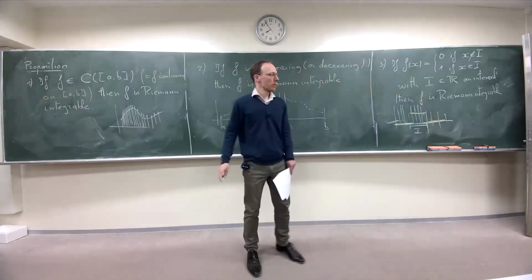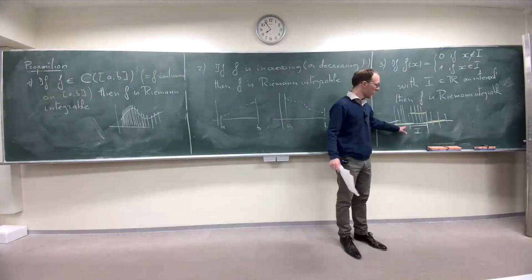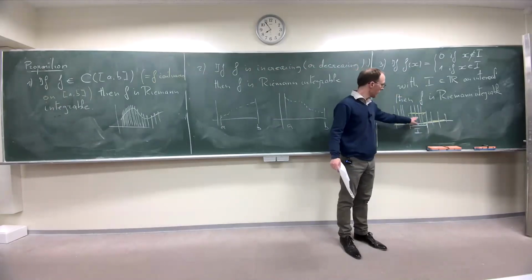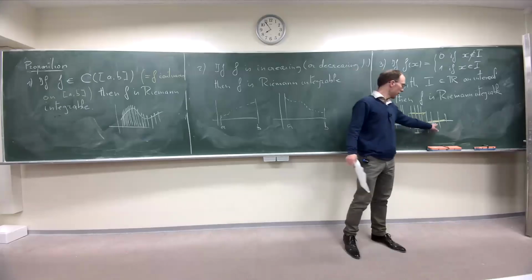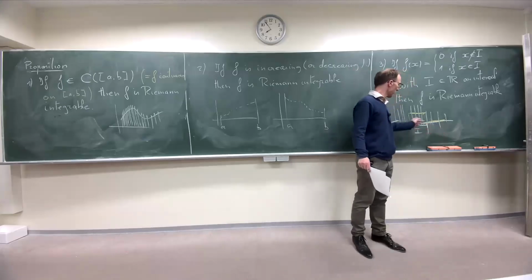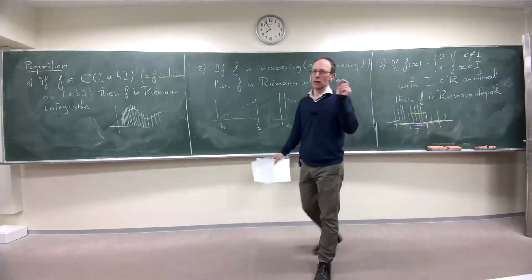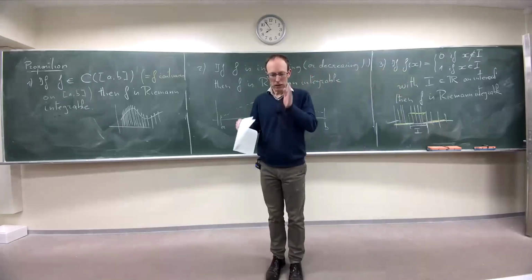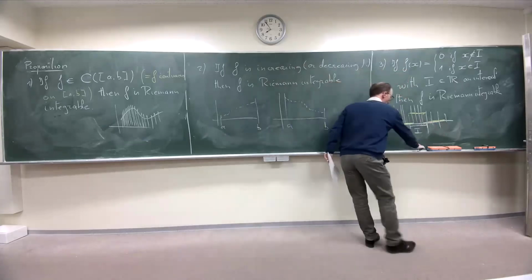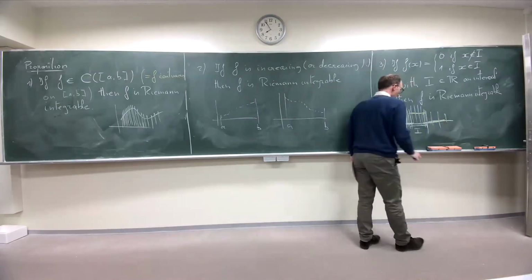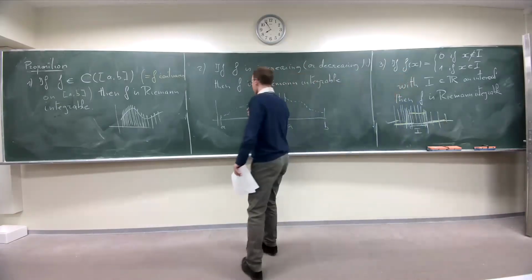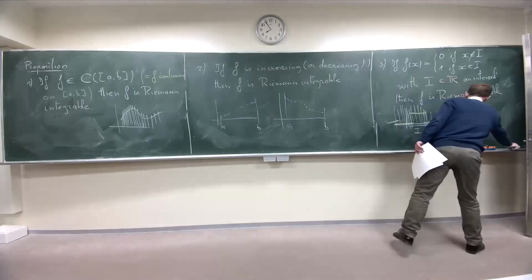Why? Because on this interval, the minimum value and the maximum value are the same, it's 0. On this interval here, the minimum and the maximum value of the function are the same, it's 1. Only on these two intervals is it different. But when you take smaller partitions, more and more subdivisions, the nasty intervals become smaller and smaller.